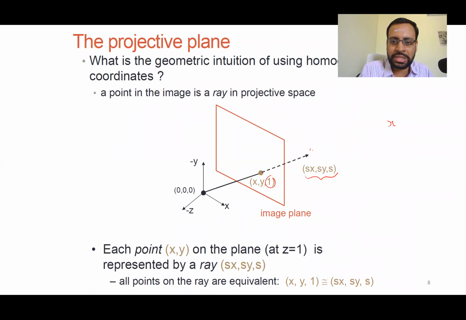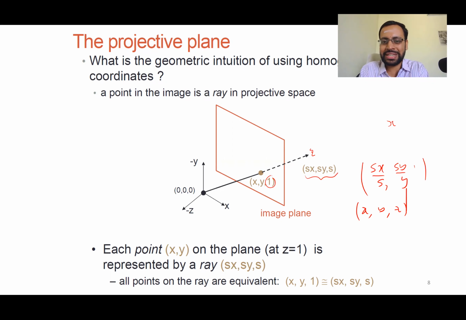So this is your z axis. On z equal to 1, that would be equivalent to sx by s comma sy by s. Of course, z equal to 1. Depending on where you are taking the projection, this point would vary.